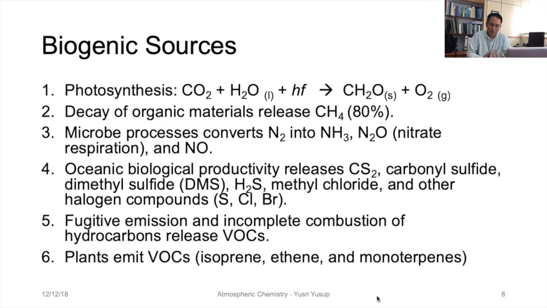From here you can see that photosynthesis acts as a sink of the carbon dioxide gas, as well as some water vapor from the air, which it fixes into a solid, and at the same time it releases oxygen gas.